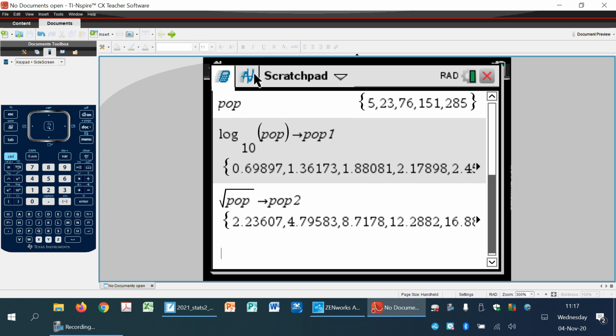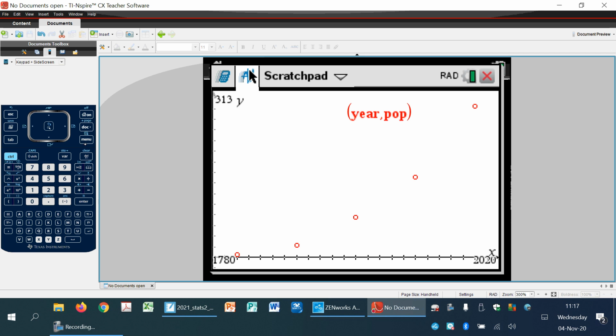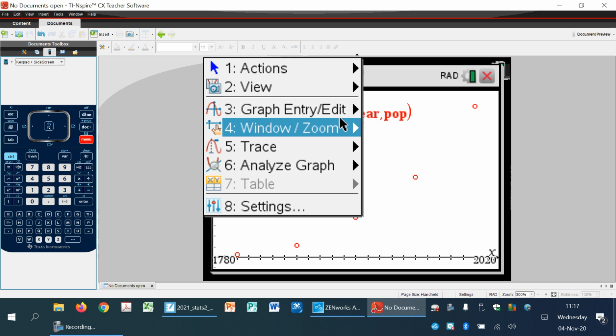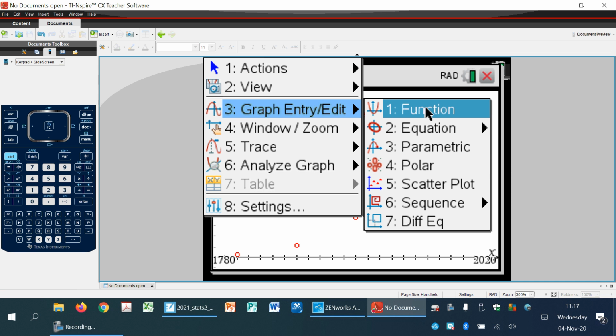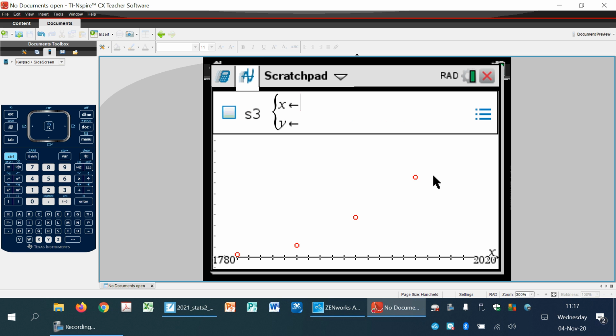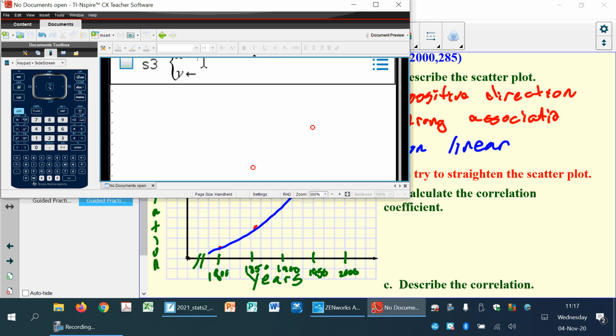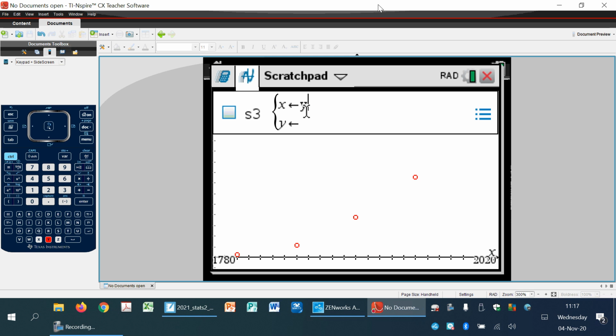Go back to the graph, into our scatter plots. This time year is still going to be there, and now we're going to use pop 1. Turn that one on.